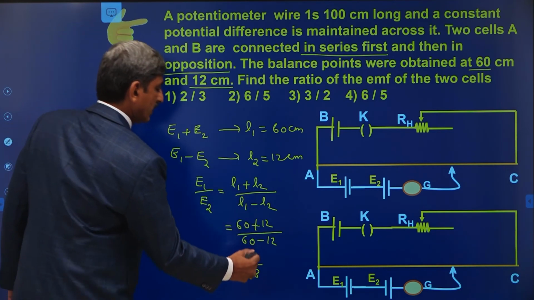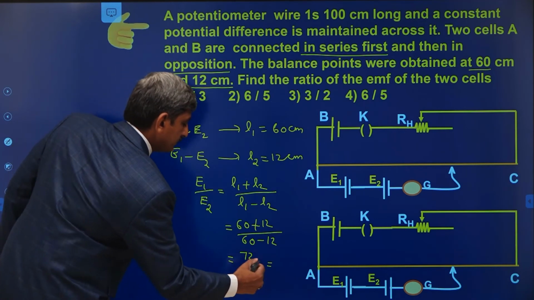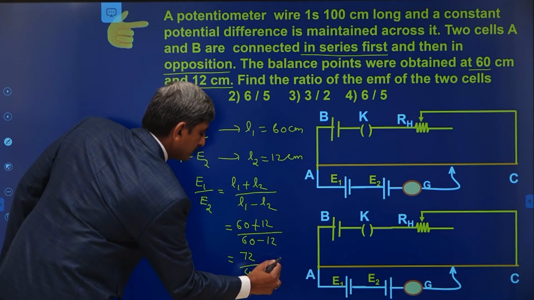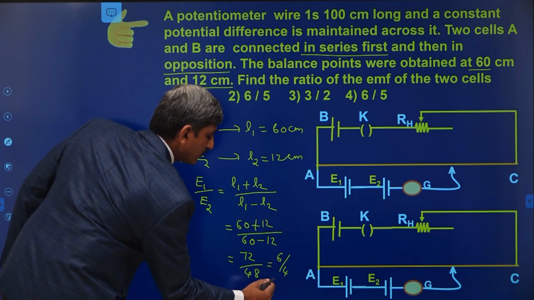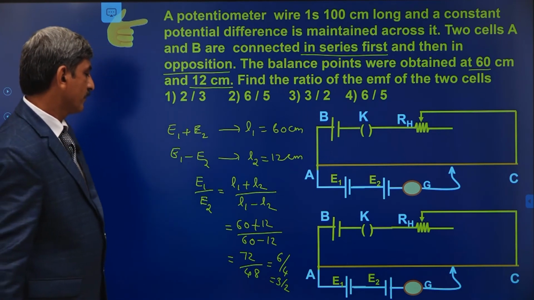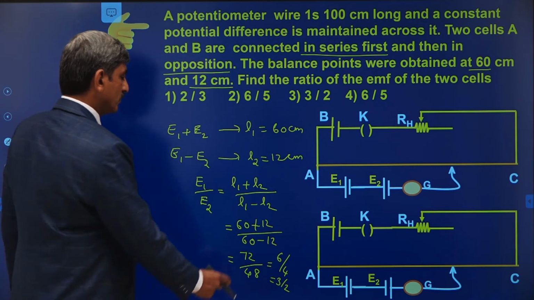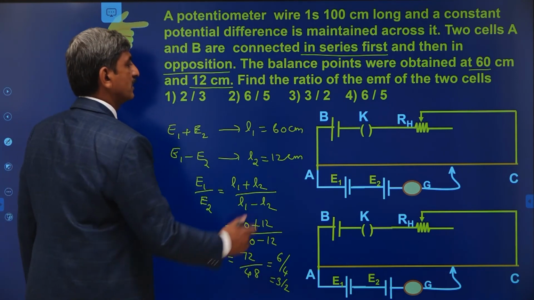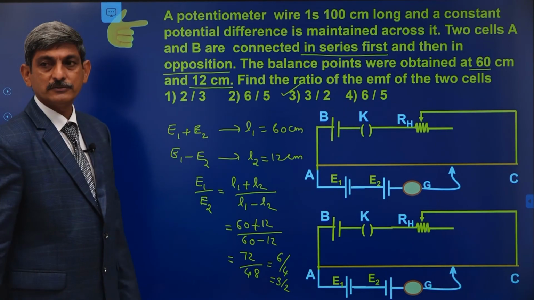So you will get it as 6 by 4, that is equal to 3 by 2. That means 24 is the common factor, so 24 3s, 24 2s. So the ratio of the EMF of the two cells is 3 by 2.